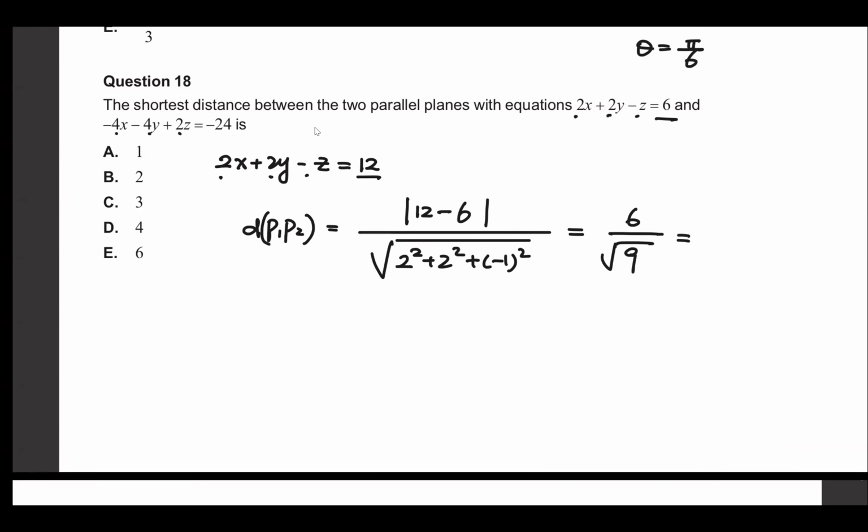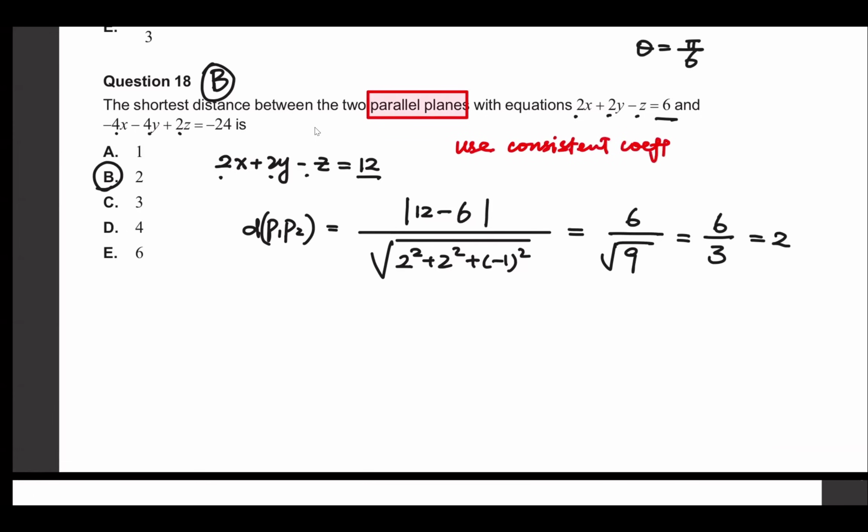Let me double check. You should be able to get, let's say, 6 divided by 3, that is 2, okay? Option B. So this method works if you are finding the distance between two parallel planes. My advice is use consistent coefficients.